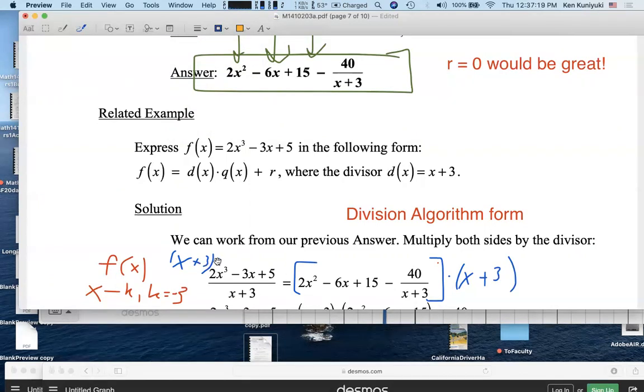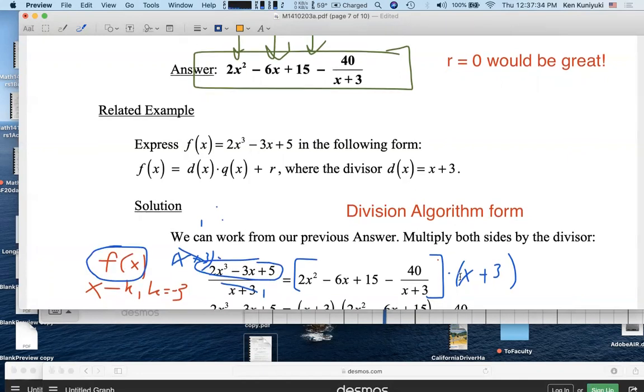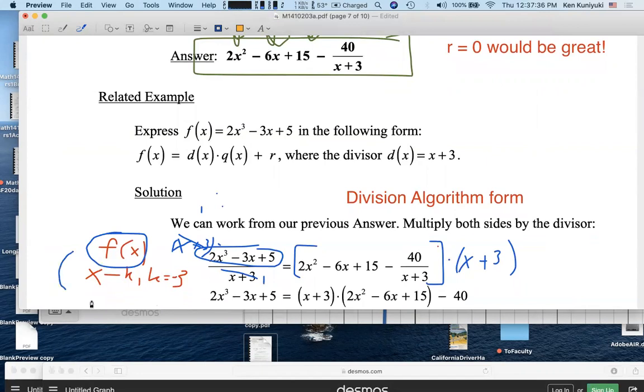So on the left here, the x plus 3's go bye-bye, and you're left with that numerator, f of x, equals all this times x plus 3. So you get f of x, the numerator, 2x cubed minus 3x plus 5, equals, I'll put the x plus 3 in front here, times this polynomial quotient, the quantity 2x squared minus 6x plus 15, minus, and then when you multiply the fraction by its own bottom, you get the top, 40.